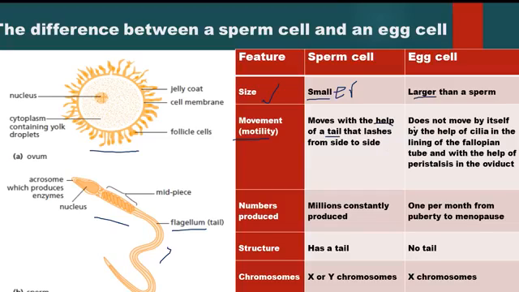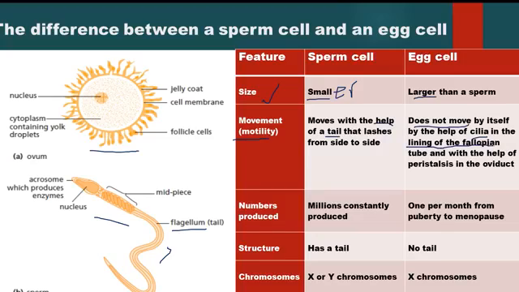But when we come to the egg, and please get this carefully, please get it correctly, the egg does not move on its own. Okay? The egg does not move on its own, but it moves with the help of cilia, the hair-like structures that line the fallopian tube. Okay?